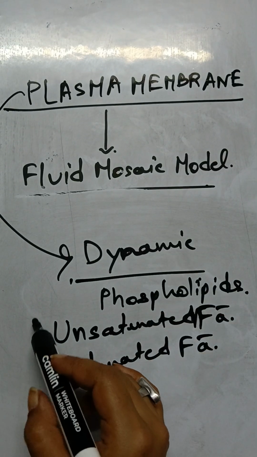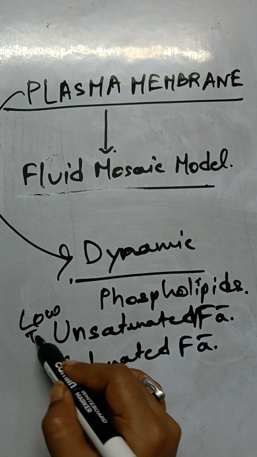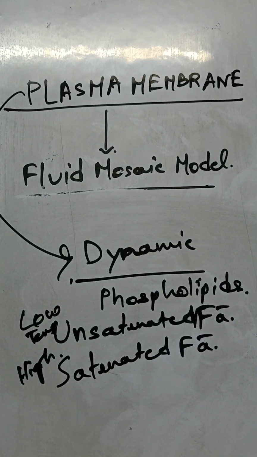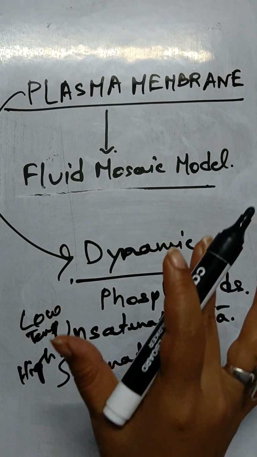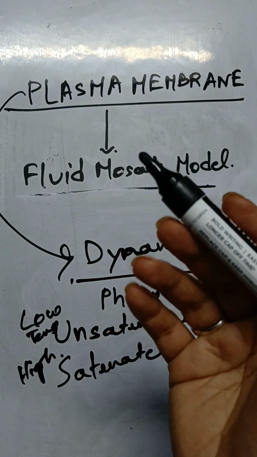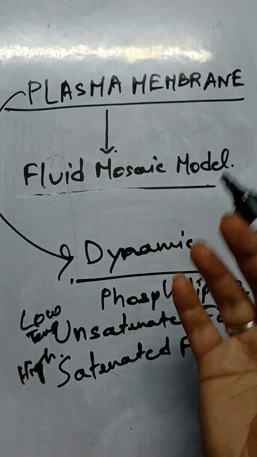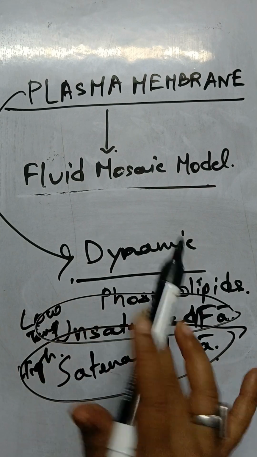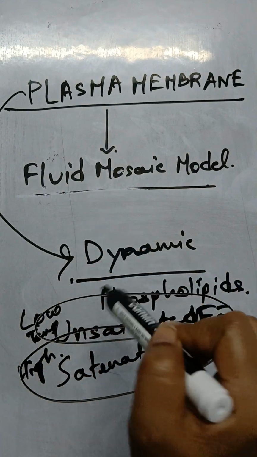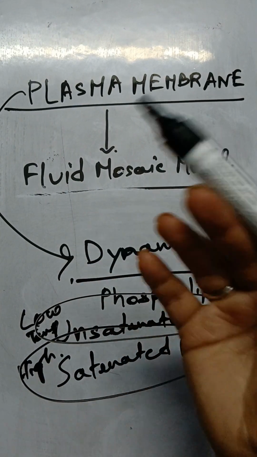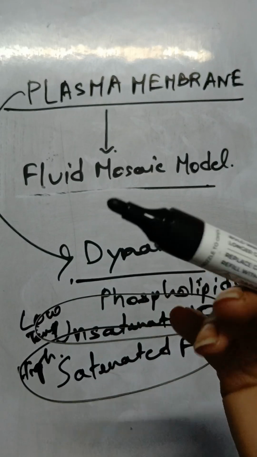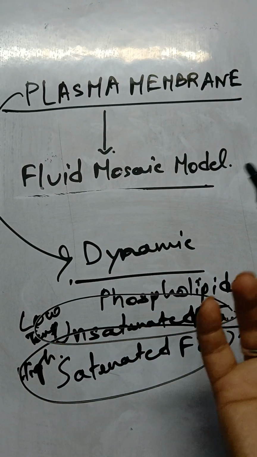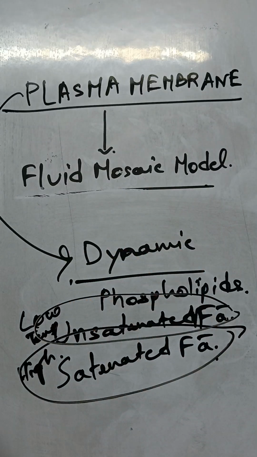So this one is for low temperature and this one for high temperature. It's not like the bacteria only have saturated fatty acid or only unsaturated. No, it's not like that. The plasma membrane is very dynamic in nature, and according to the temperature and environmental condition, it will change accordingly and help to protect the cell from the environmental conditions.